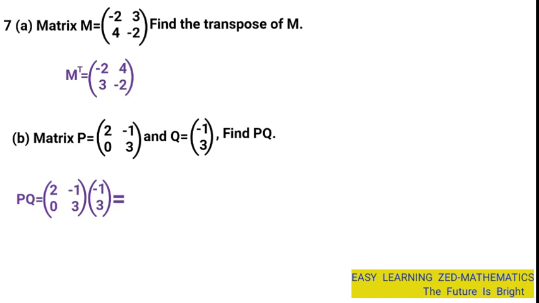Then I'm going to say equal to, open bracket. Now what you need to understand is that when you are multiplying matrices, you multiply row by column, row by column. So we're going to multiply 2 by -1.